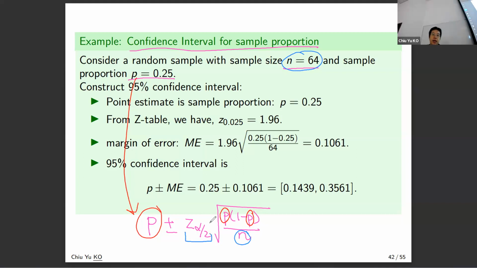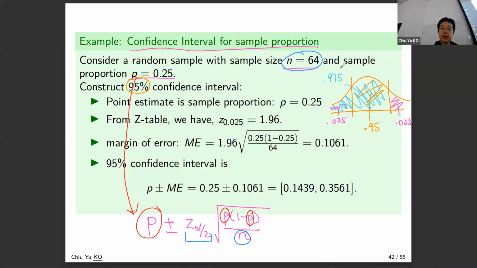And very luckily, we are looking at 95% confidence, right? So just to remind you, here is 0.95, and this is 0.025, and this is 0.025. That means that this guy is 0.975, okay?